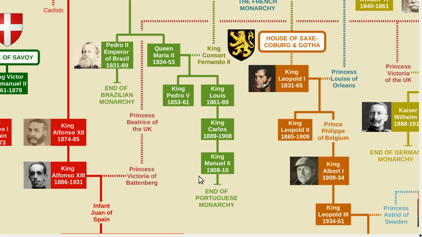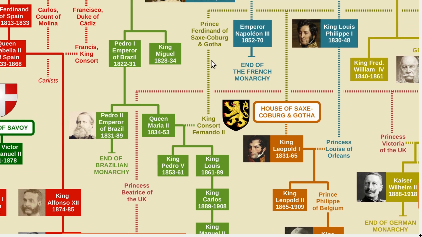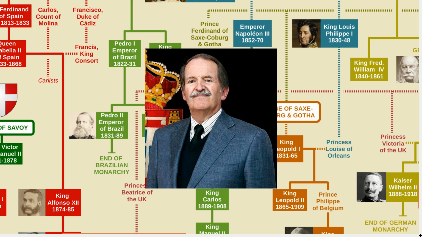And he spent the rest of his life in London and did not have any children. And there are actually no remaining descendants of Queen Maria II. And therefore, if Portugal ever did want to restore their monarchy, they would actually have to choose a descendant of King Miguel. And the senior-most descendant is this individual here, Duarte Pio, Duke of Braganza.